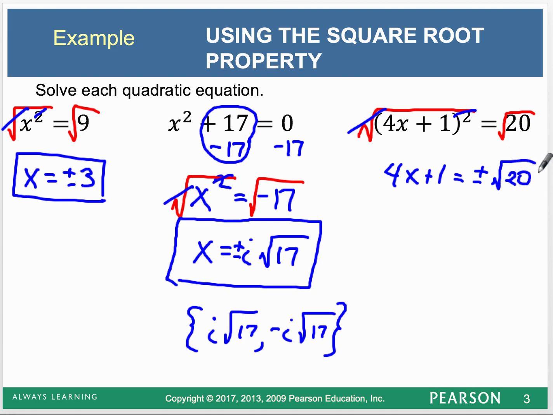Don't forget, I always have to see if any radical can be simplified, it's just like a fraction, it has to be, goes without saying. So I notice that I can change that 20 to 4 times 5.